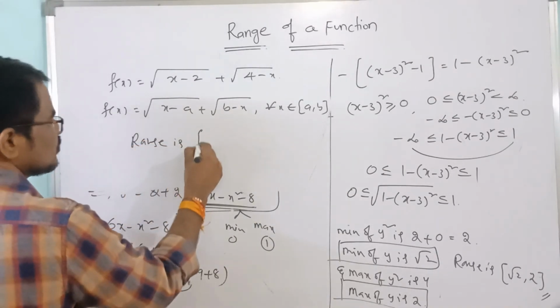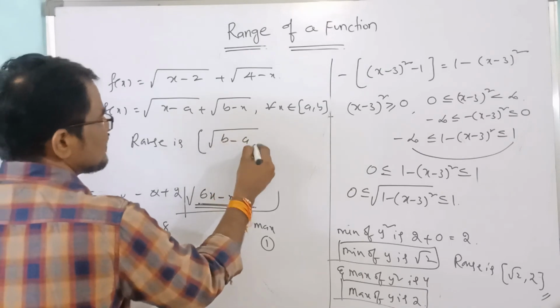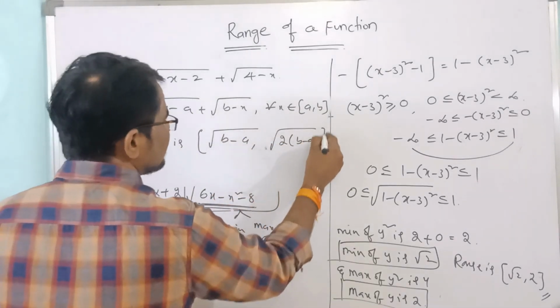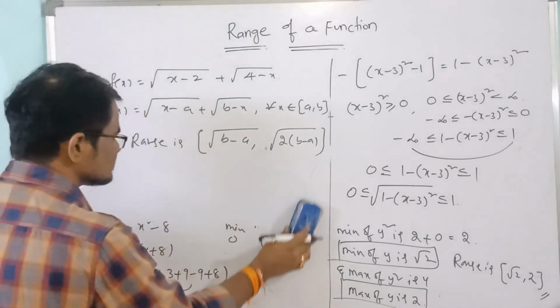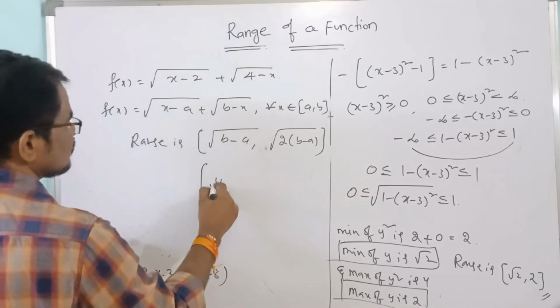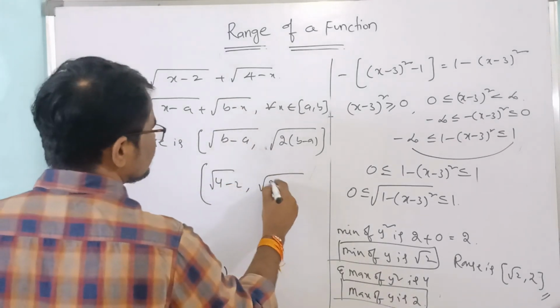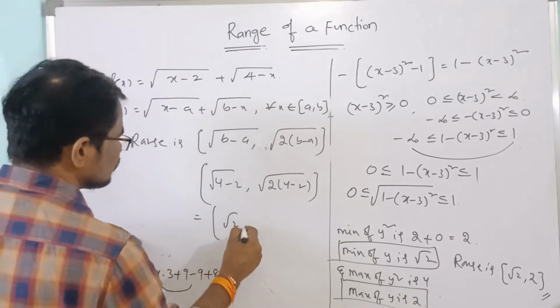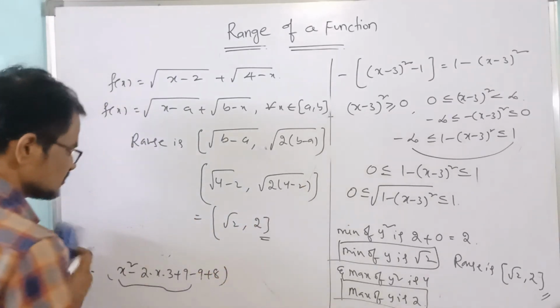Range is the closed interval root of b minus a to root of 2 into b minus a. Here b is 4 and a is 2, so root of 4 minus 2, root of 2 into 4 minus 2, that is equal to root 2 comma 2. Like this we have to simplify.